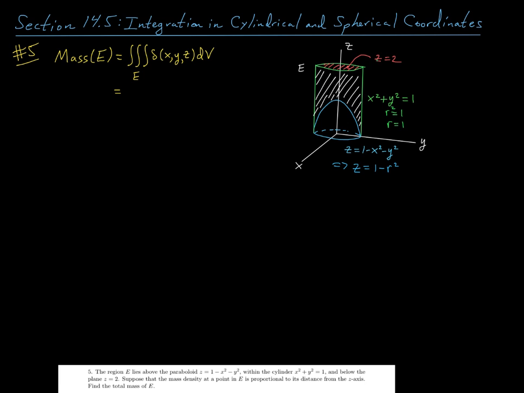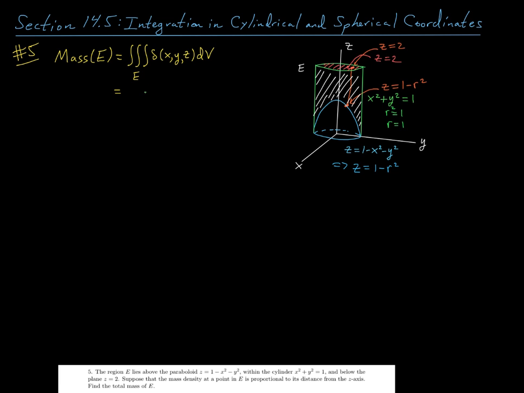And z equals 2 is just z equals 2 in cylindrical. Now to set up the bounds, if we let z vary first, we're going to think about r and theta being fixed, and then we let z vary from the height on the blue paraboloid, so z is 1 minus r squared, up to this plane when z is 2.